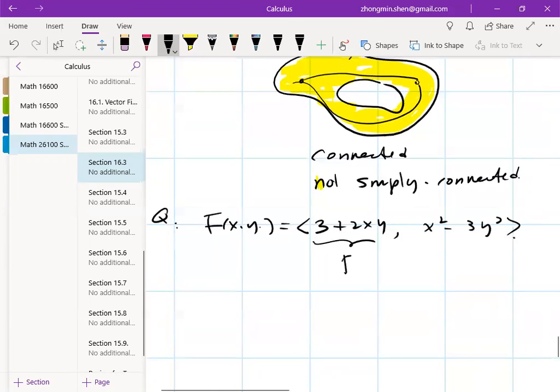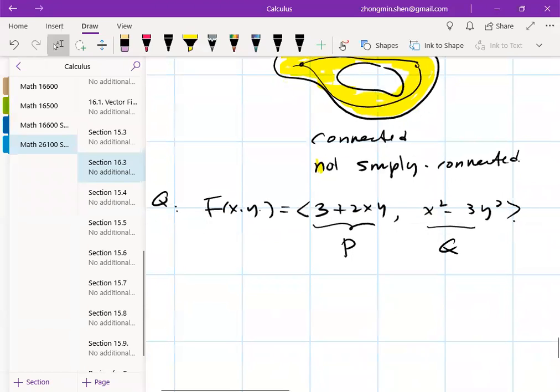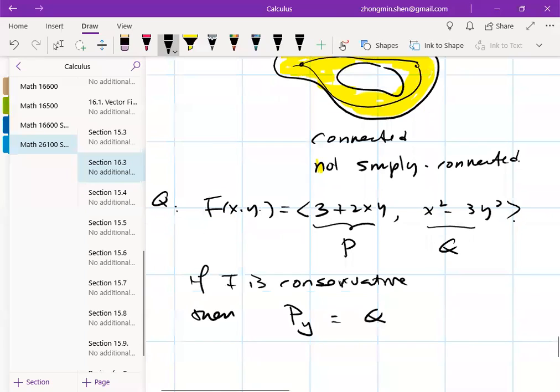This is P, that's Q. If F is conservative, then the partial derivative of P with respect to y should be equal to the partial derivative of Q with respect to x.